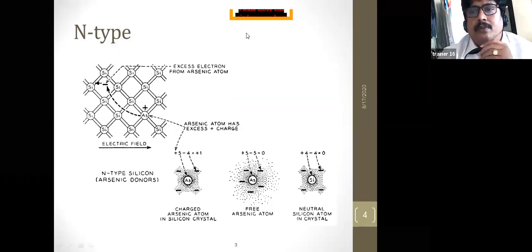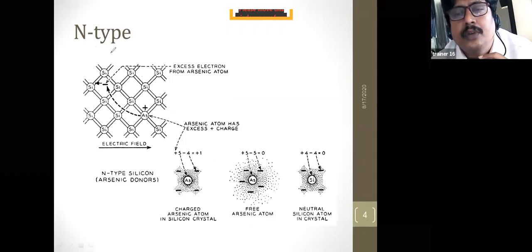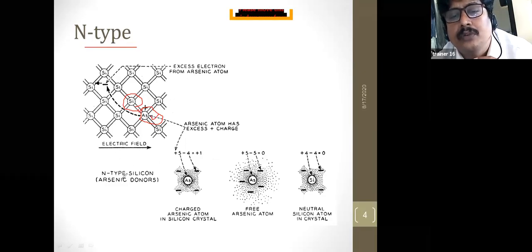Then this n-type, for example, if you see the silicon, right? This is silicon, and this is arsenic. If you clearly observe the n-type silicon, the arsenic is the donor.